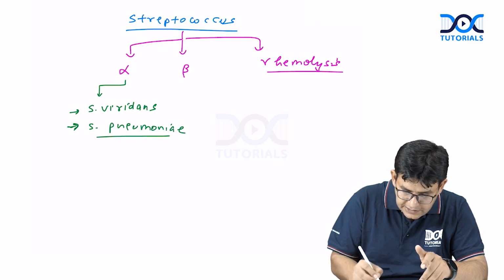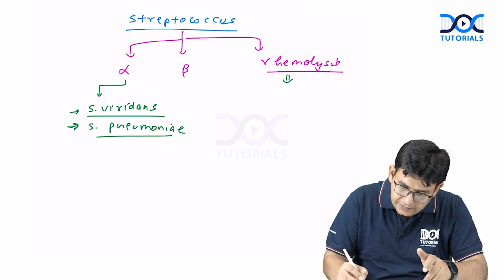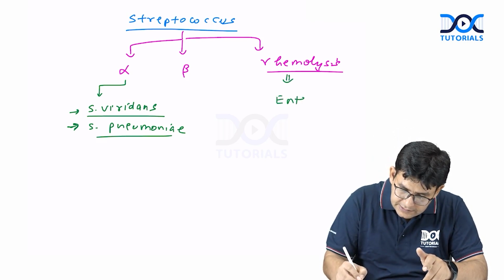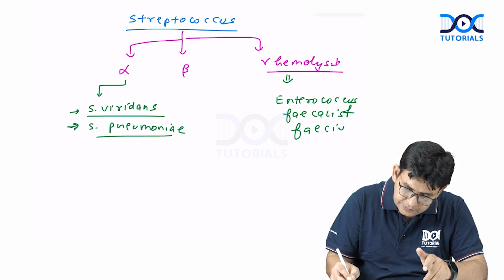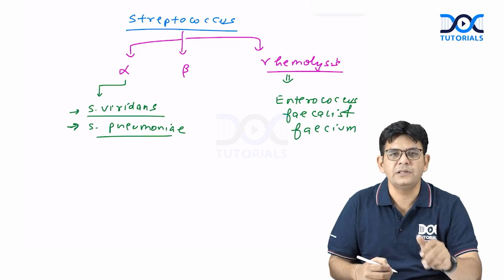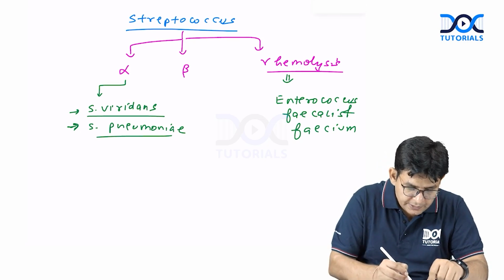These are the typical examples of alpha hemolytic strepto. Regarding the gamma, if somebody asks, that is Enterococcus faecalis and faecium. They are the gamma hemolytic ones.